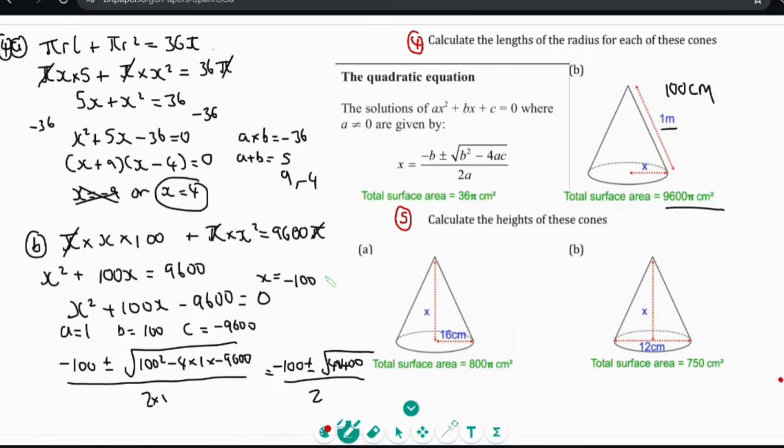So one of my answers is minus 100 plus 220 over 2. The other answer is minus, but that's going to give me a negative answer. I know I'm not going to need that one. So minus 100 plus 220 over 2 is 60. So that's my final answer. X is 60.